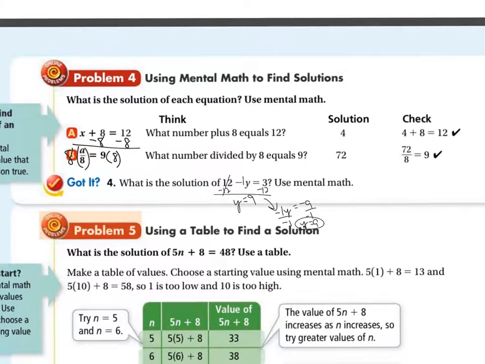One thing they mentioned is a limitation of doing that: if the answer is not a whole number, then it might be hard for you to think that out in your head, like if the answer is 1/8 or 3 1/7, depending on what the equation is. Especially if you have numbers in front of the variable, it's going to be hard to figure out just by thinking it out.